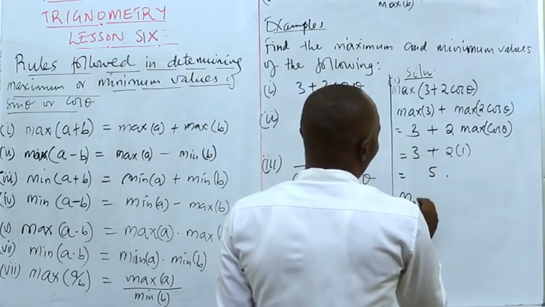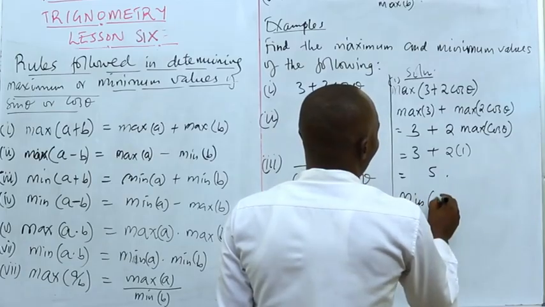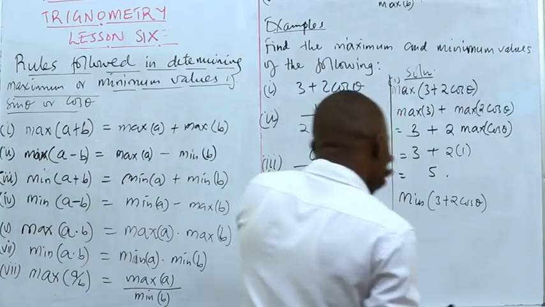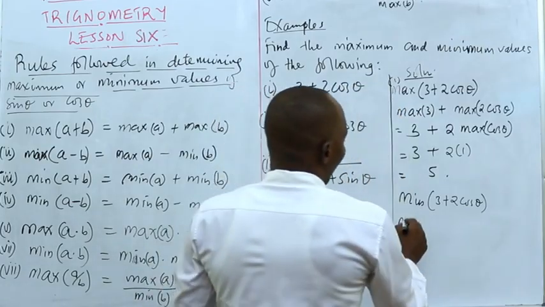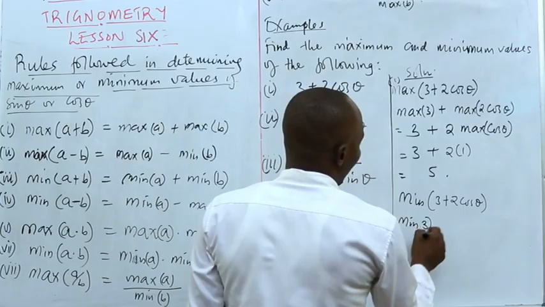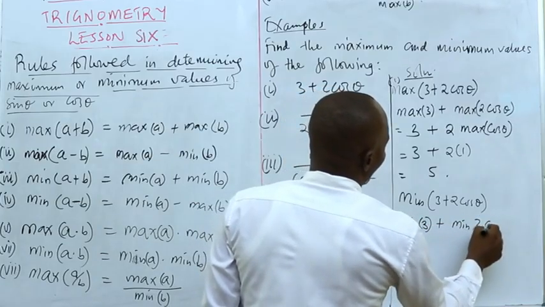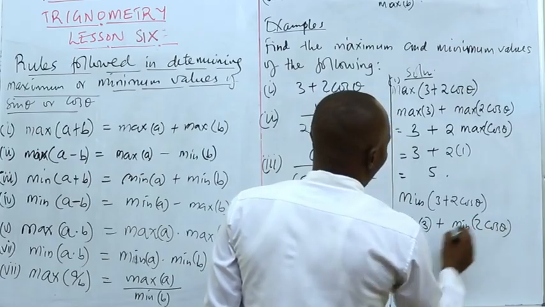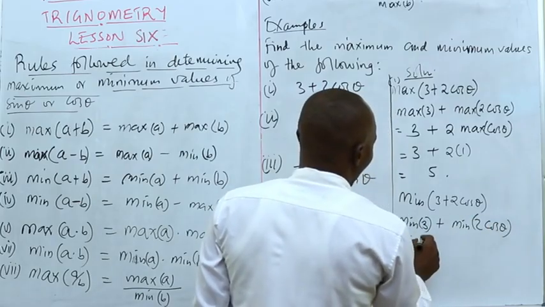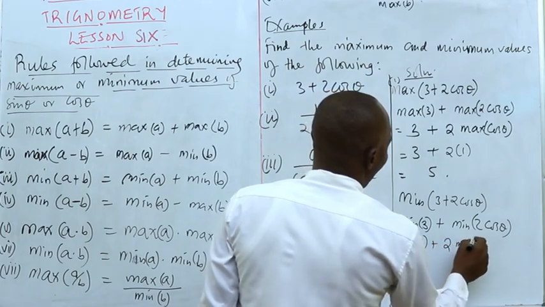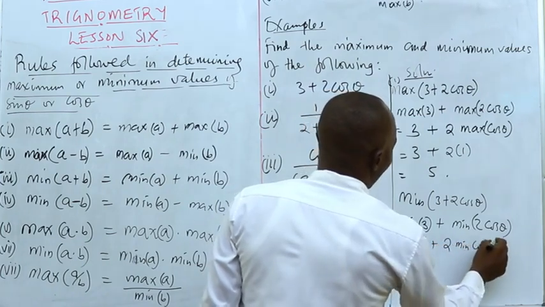So if you look at the minimum of that same thing, minimum of 3 plus 2 cos theta, okay? Minimum is 3 plus the minimum of 2 cos theta, which is 3 plus 2 times the minimum of cos theta.